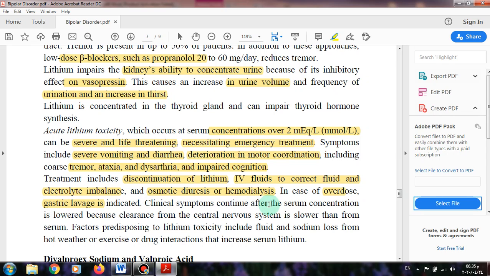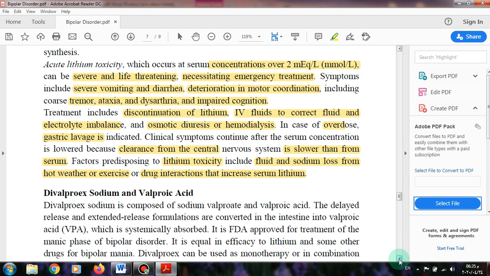Clinical symptoms continue after the serum concentration is lower because clearance from the CNS is slower than that from the serum. Factors predisposing to lithium toxicity include fluid and sodium loss from hot weather or excessive exercise, in addition to drug interactions that can cause increased serum lithium concentration, such as drugs that inhibit the metabolism of other drugs.